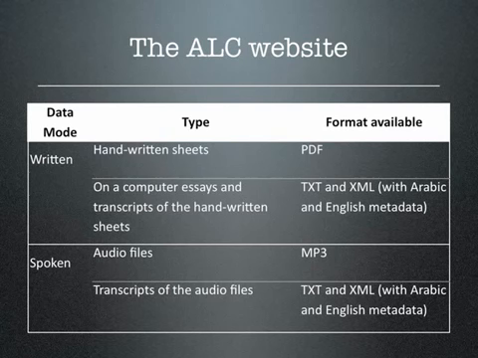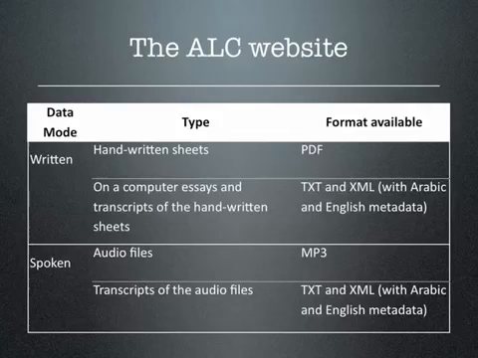The original handwritten sheets produced by the participants are available in a PDF format. They are also available, alongside those produced on a computer, as TXT and XML files after they have been transcribed.